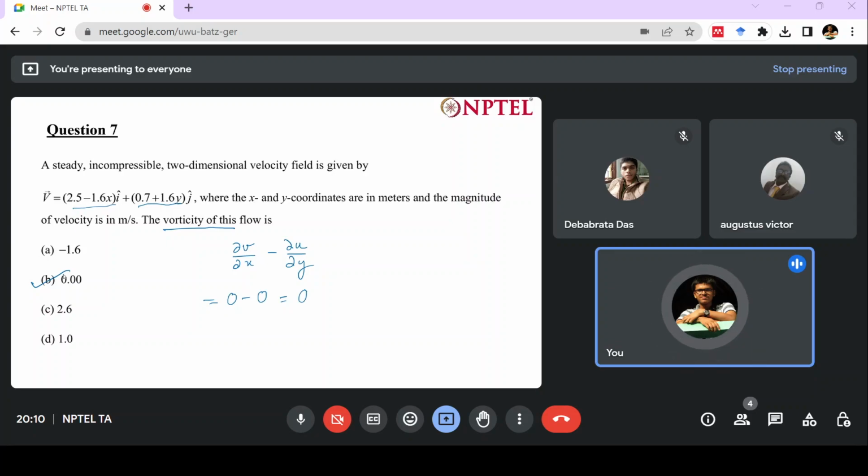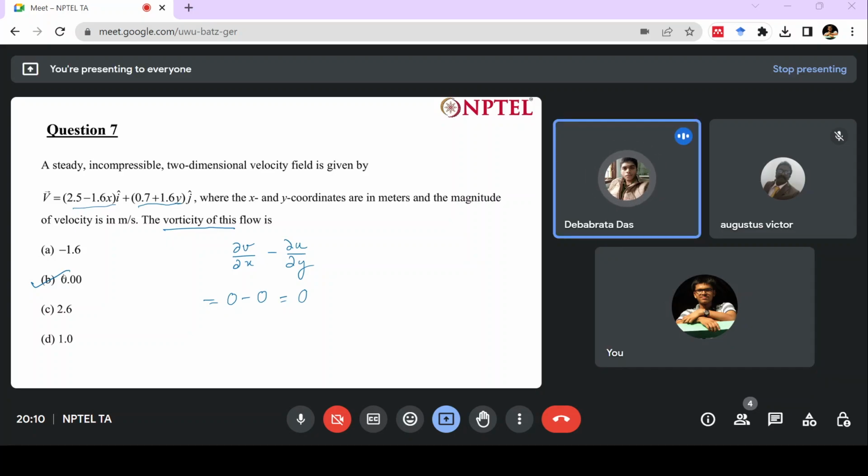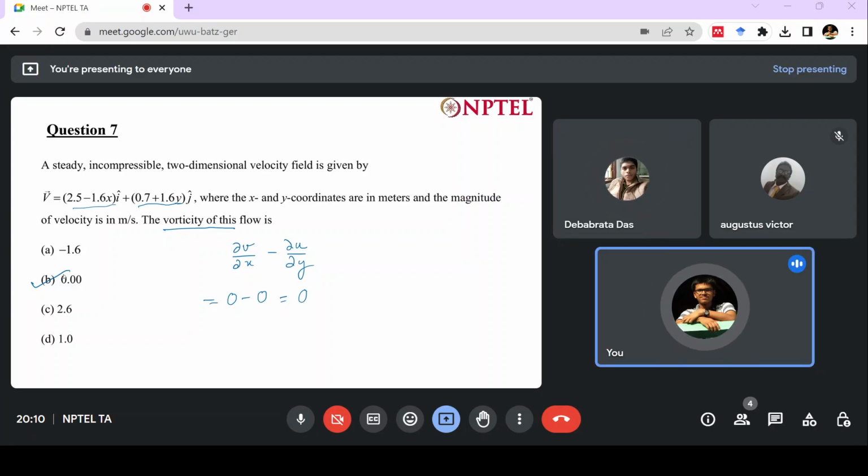Is there any shear component in this velocity field? Did you get my question? No, sir, no shear component. No shear component, because again both the off diagonal terms of the velocity gradient tensor are zero. Okay.